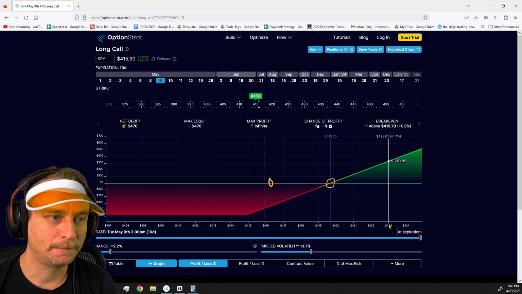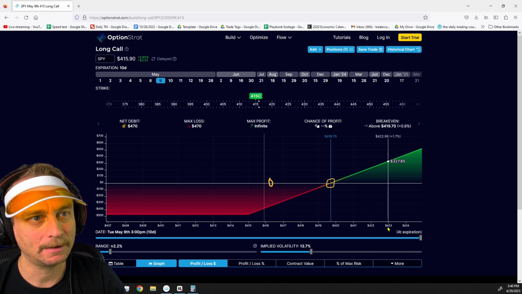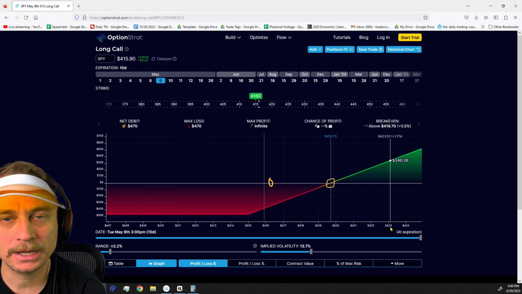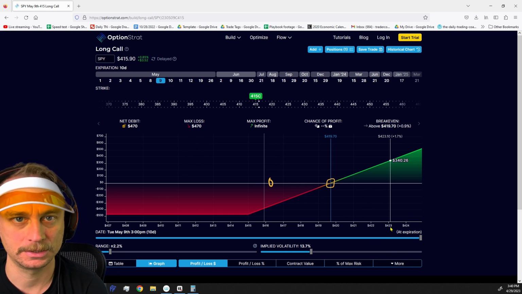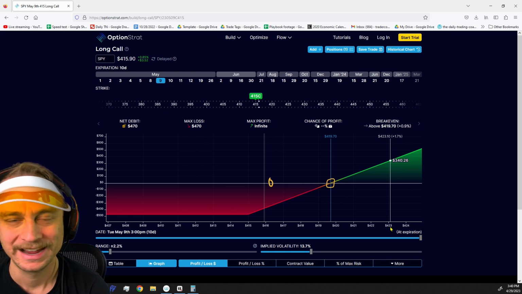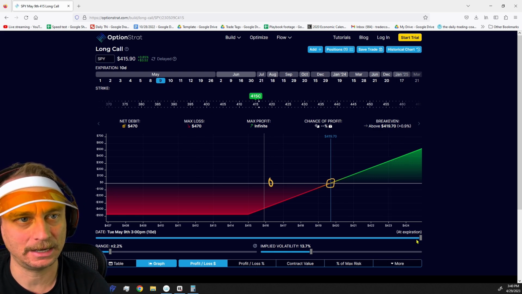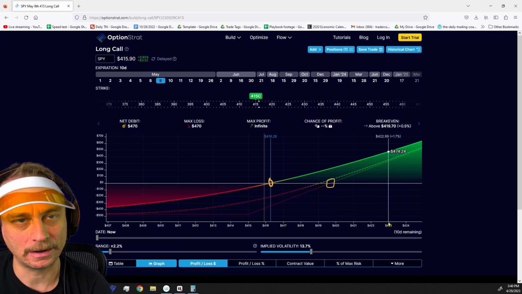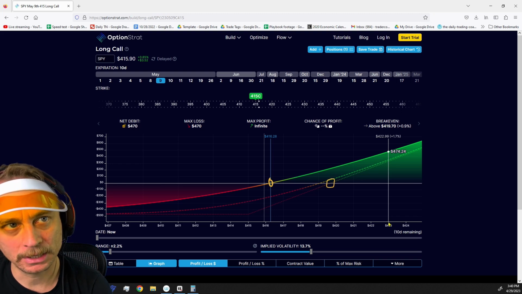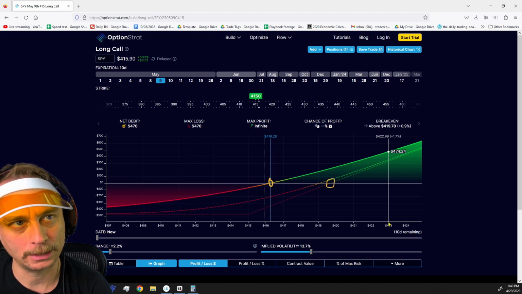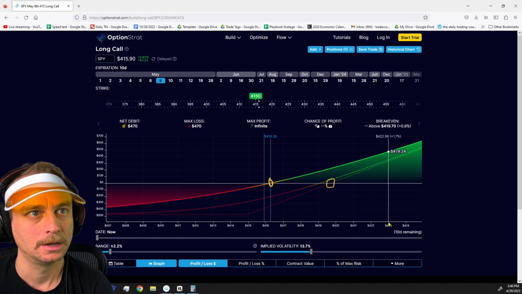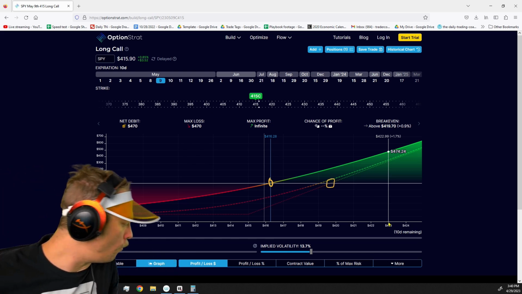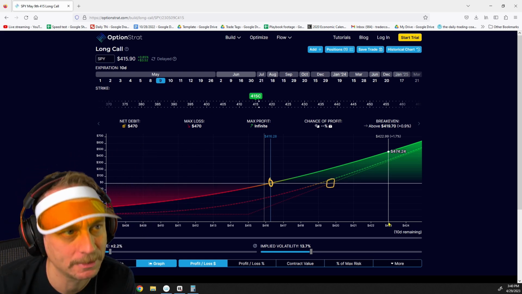Again, if SPY is trading at 423 and closes there on the day of expiration, you're going to make $340 if you don't pull your profits. You can get in and out of these things at any time. You don't have to wait for expiration. I can submit an order and get out at the price of 423 if the market goes there and make 474 bucks. Obviously, that's going to be changing because of implied volatility, which I'm not going to go over.